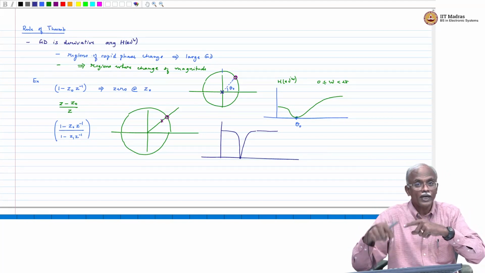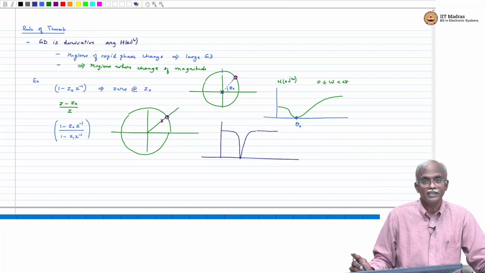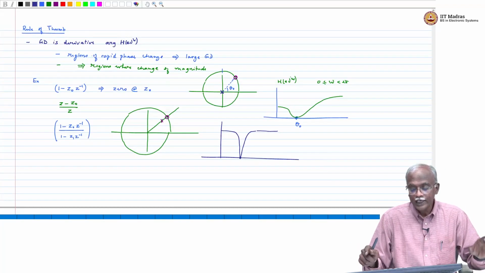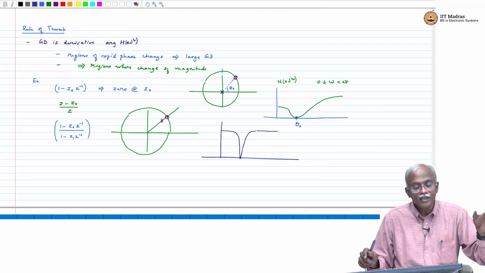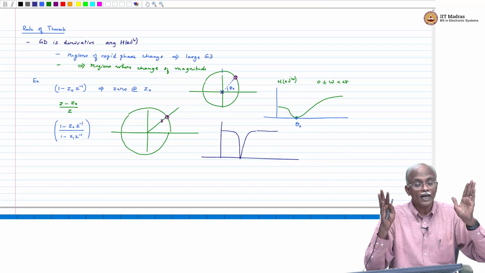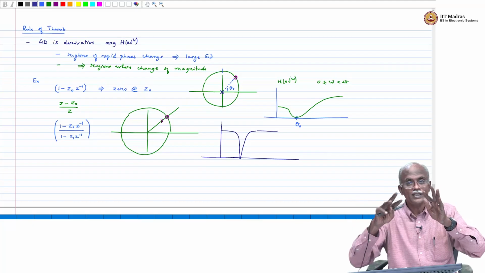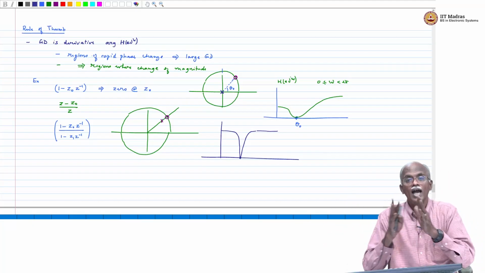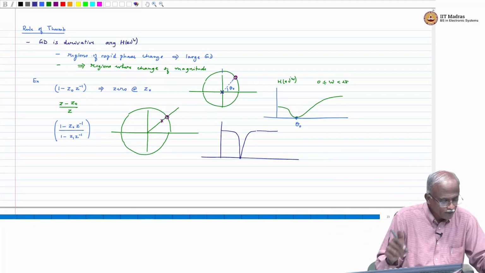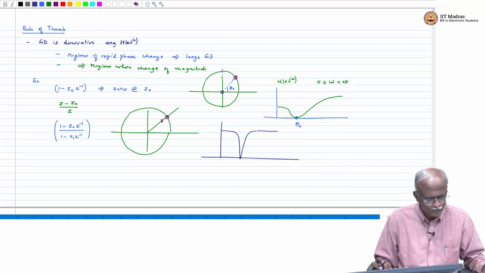This will also be the place where we see a very rapid change in phase. So in a nutshell, we look at those regions where there is a rapid change of phase, and that will usually contribute to places where there is a rapid change in magnitude, and therefore those are the ones that we are always very, very careful about.